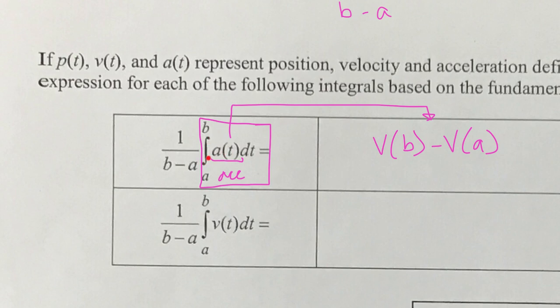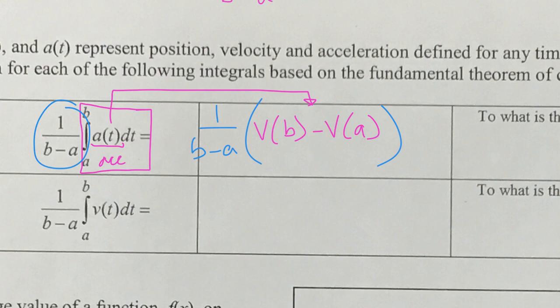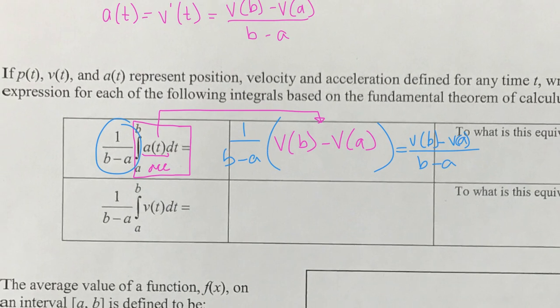When we're taking an integral, we take the antiderivative of acceleration, which is velocity, evaluated at point B, and then subtract the evaluation at point A. And we're still multiplying all this by 1 over B minus A. So with some simplification, we have V of B minus V of A divided by B minus A. What did we just say that was?